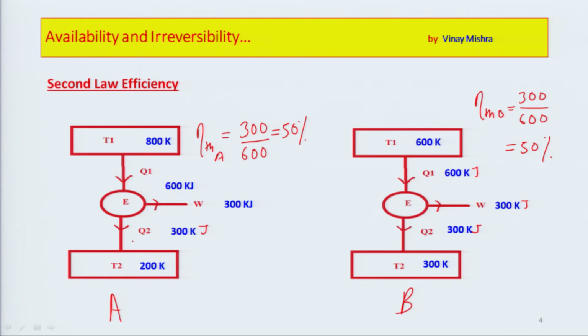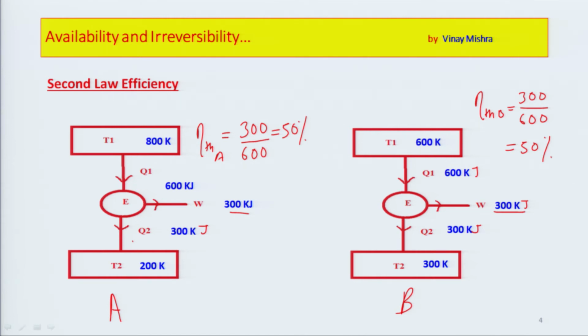Now, we see in terms of quantity, what we are getting exactly from these two engines. This one is performing in such a way that we are getting the work done equal to this one, simply in terms of quantity. The same for engine B, we are getting the same amount of work done, 300 kilojoule over here, and 300 kilojoule over here.